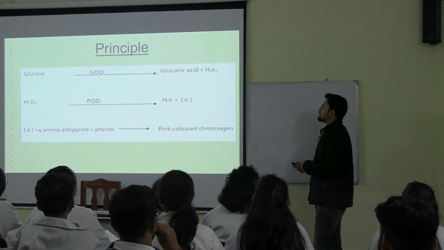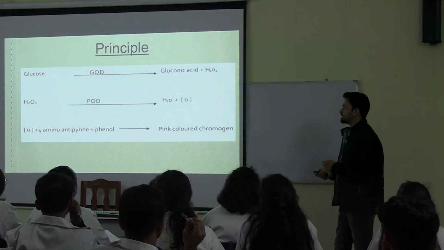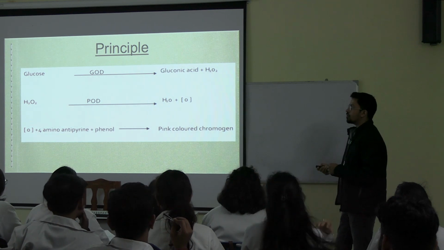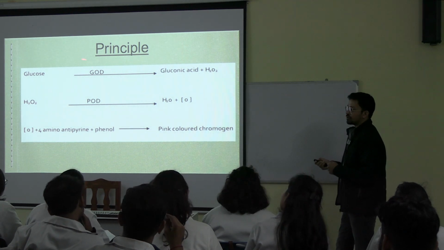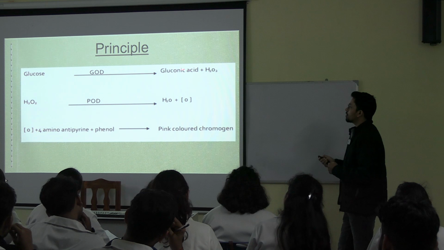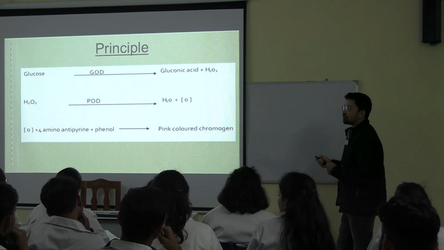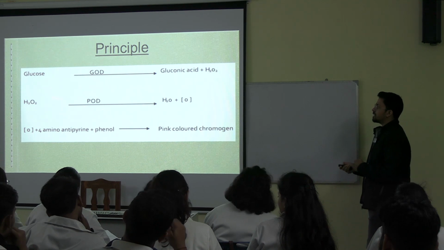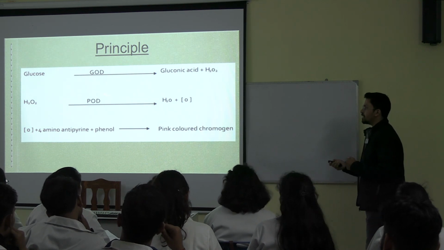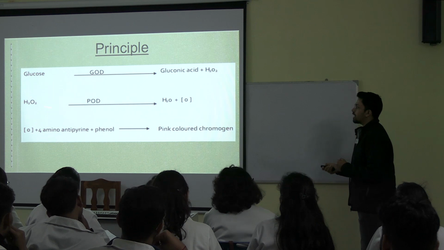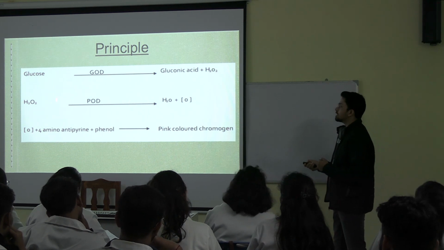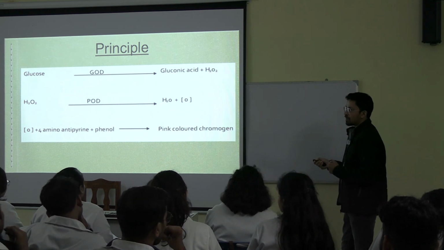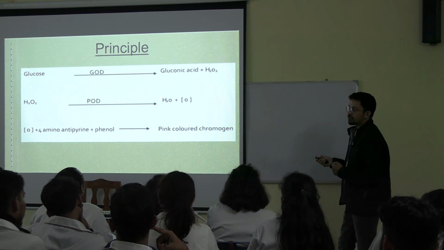Now what are the functions of those reagents? First of all, there is glucose. Glucose is being oxidized by glucose oxidase, forming what? Gluconic acid and H2O2, hydrogen peroxide. Now hydrogen peroxide is again oxidized by the peroxidase. See, with the name only, the enzymes are also similar. Hydrogen peroxide is oxidized by the peroxidase, forming H2O, that means water, plus O, nascent oxygen.